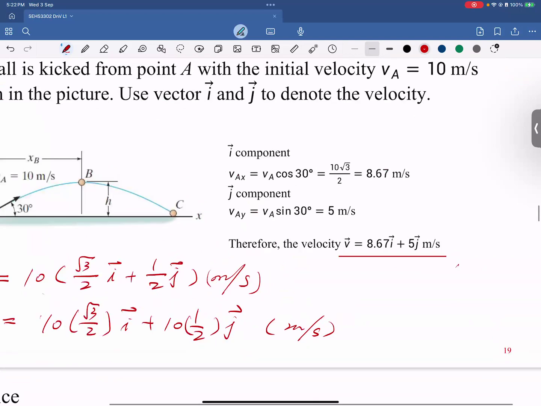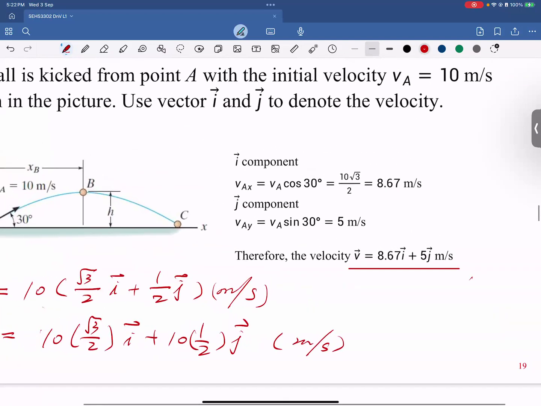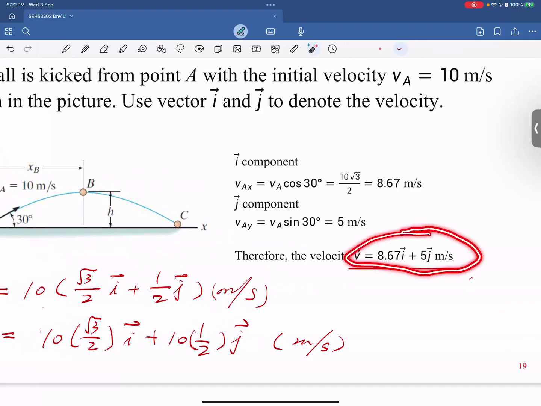So when you read this vector, you can read something from it intuitively. Although you cannot tell the accurate angle when you just see such a number, you can see 8.67 is a bit larger than 5, right?